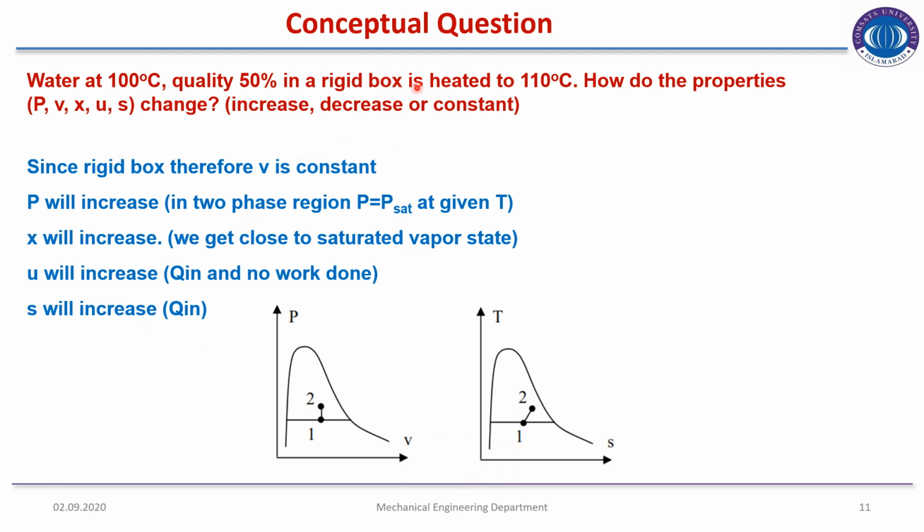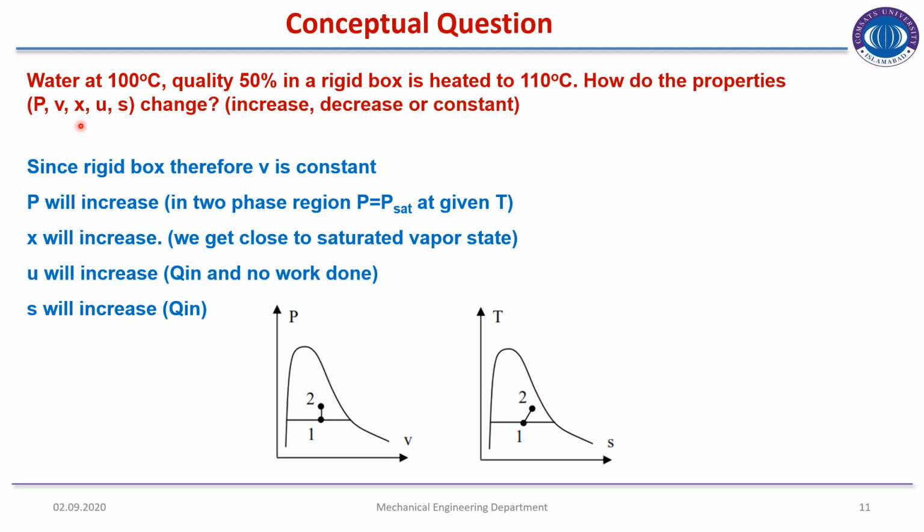As Q is provided to the system, thermal energy is absorbed by the system. Therefore U, the internal energy, is a function of temperature. As Q is absorbed and no work is done, the value of specific internal energy will also increase. So we will revise all these properties: pressure will increase, specific volume will remain constant due to the rigid box.